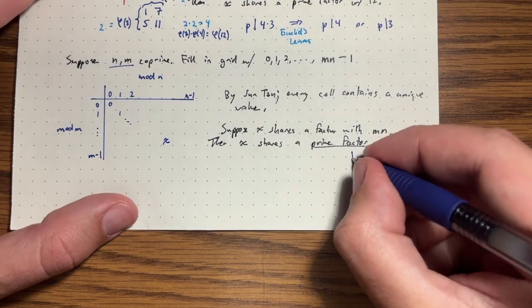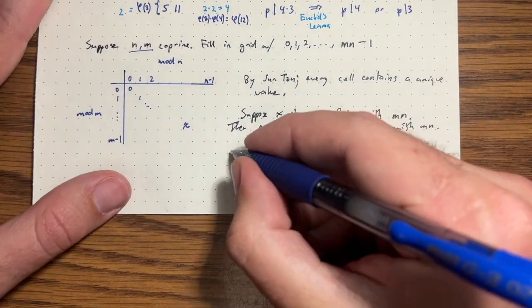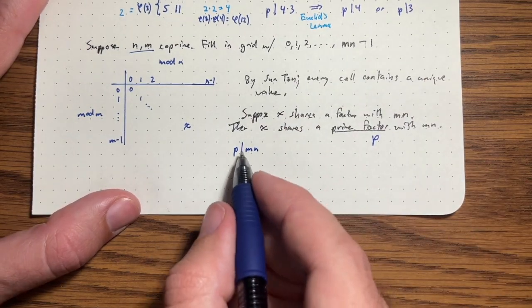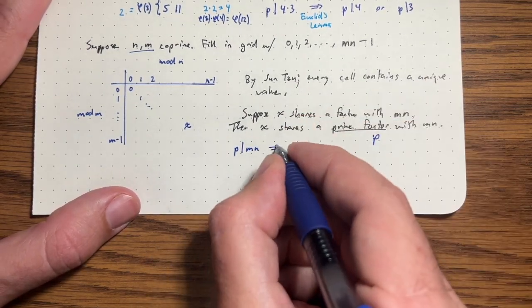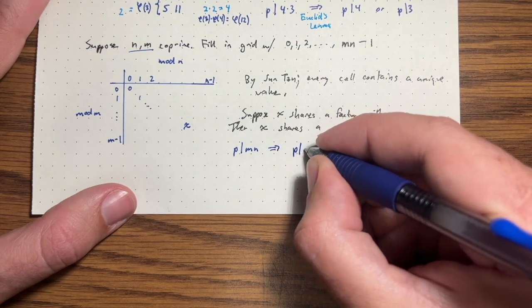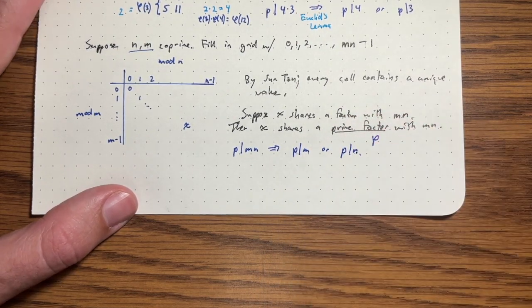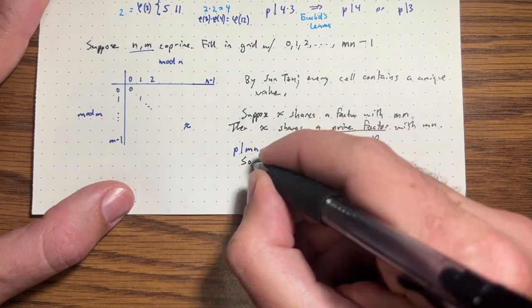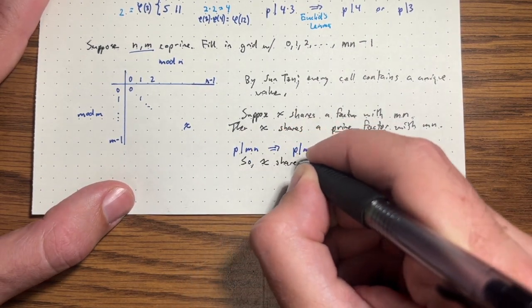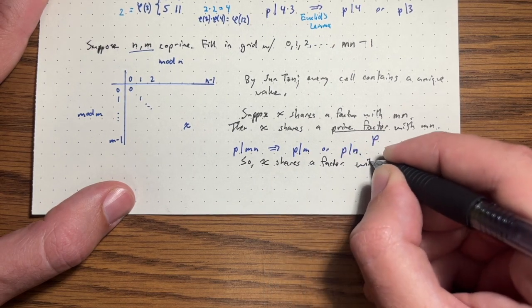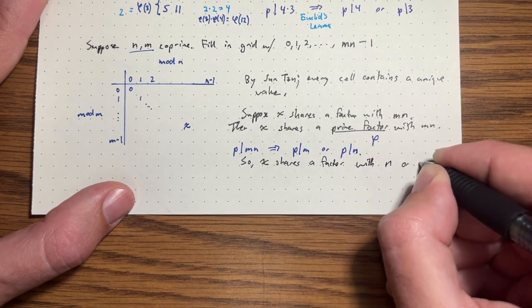Let's call it p. And now we do the same thing. So we have a prime dividing the product mn. That implies, by Euclid's lemma, that p divides m or p divides n. So x shares a factor with either n or m.